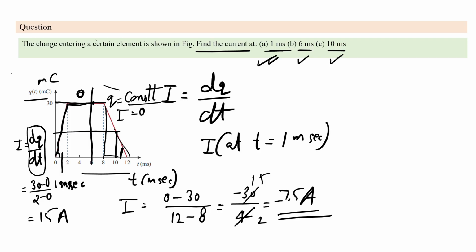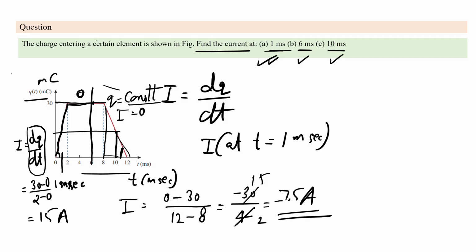If you see the current at 6 millisecond, the rate of change of charge is actually zero because the Q is constant. If the Q is constant, the current is zero. So the current is zero at 6 millisecond. From 2 to 8 millisecond, the current is overall zero because the Q is constant. For the current at 10 millisecond, you have to check the slope.